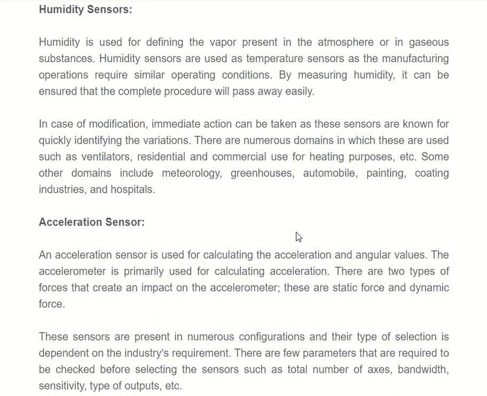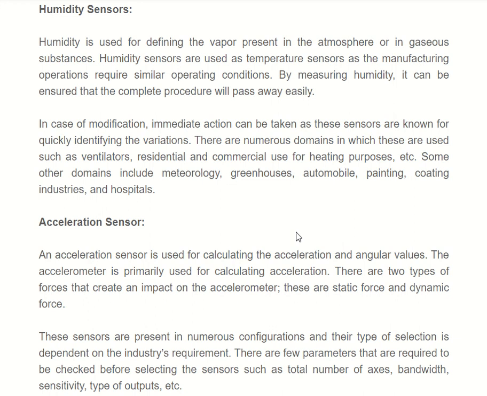And in case of modification, immediate action can be taken, as these sensors are known for the quick identification of differences or variations.